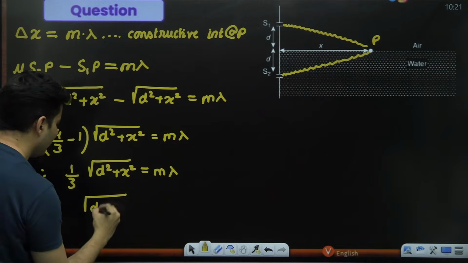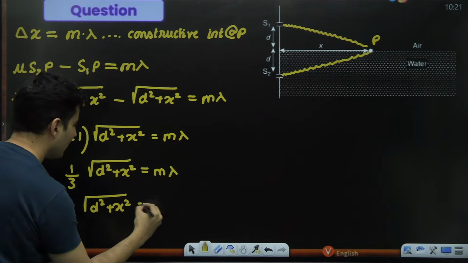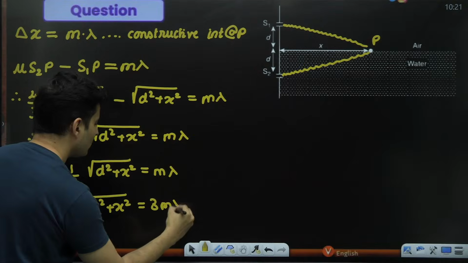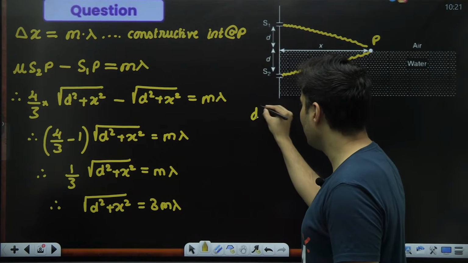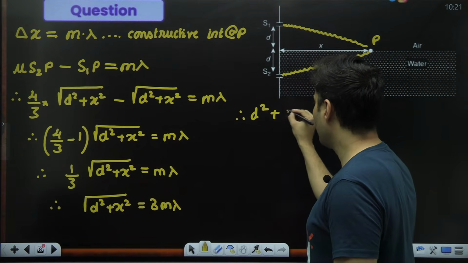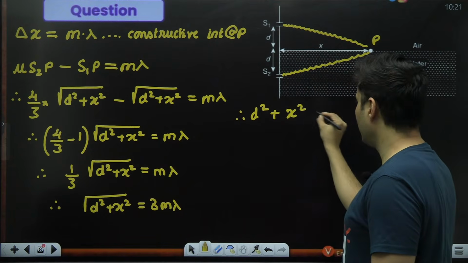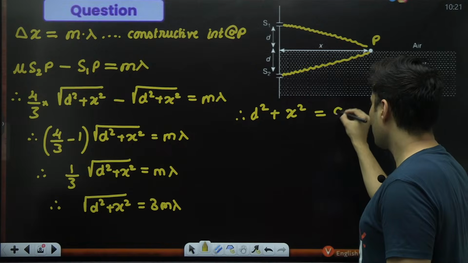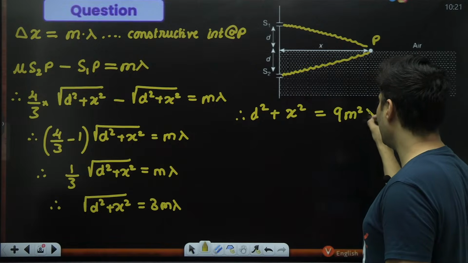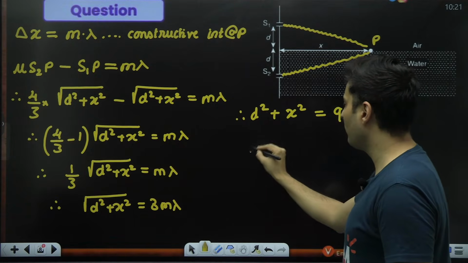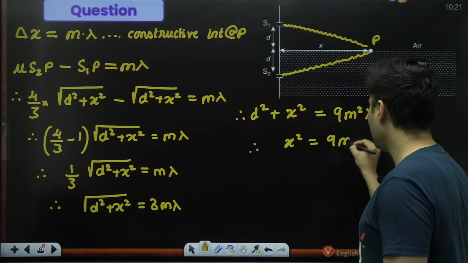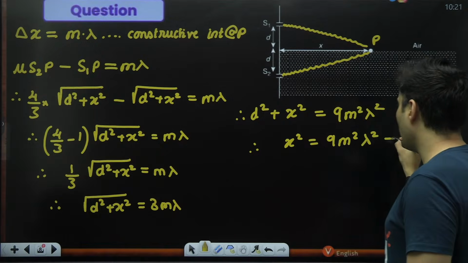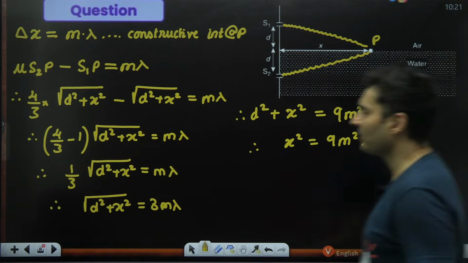So root of d squared plus x squared is 3m times lambda. Now square both sides. Therefore d squared plus x squared is 9 m squared lambda squared. And we wanted x squared, so x squared will be 9 m squared lambda squared minus d squared.